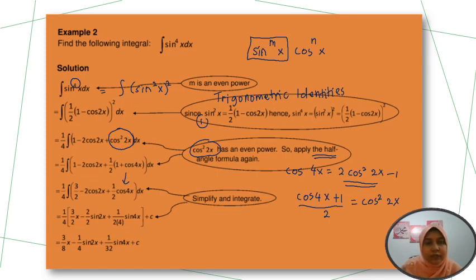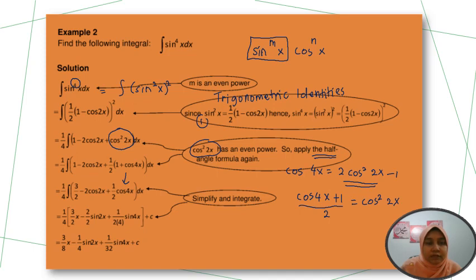Okay, then we can simply integrate this function. So we have the answer 3 over 2 x, minus 2 sine 2x over 2, plus 1 over 2 sine 4x over 4.